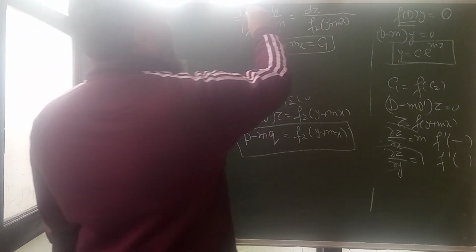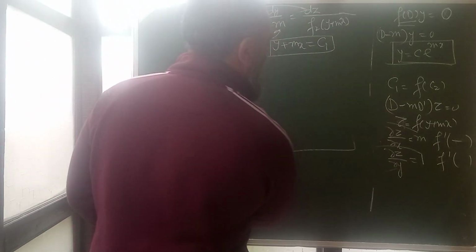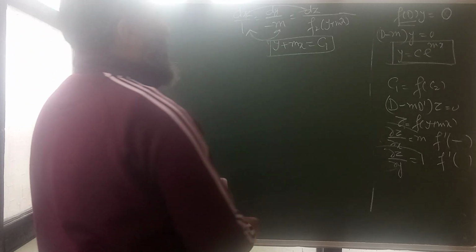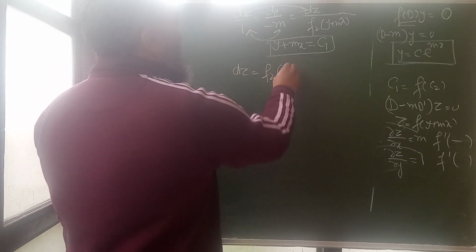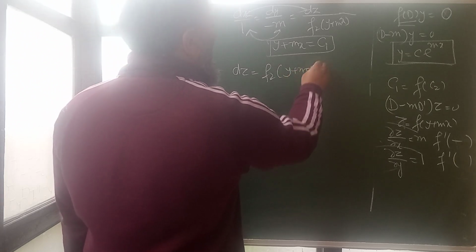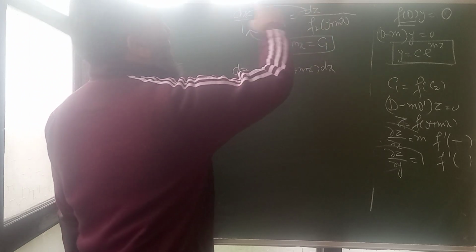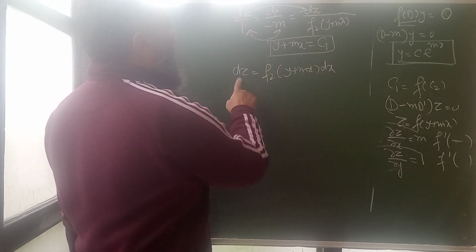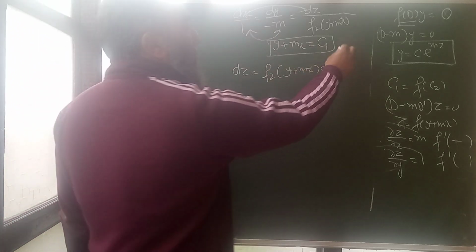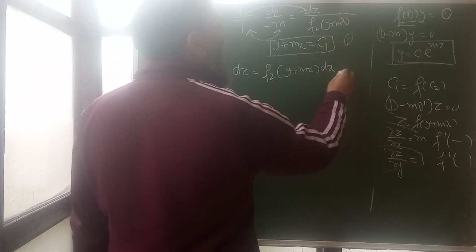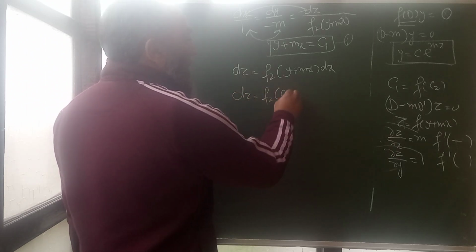Now let me take up this and this. What will I get? dz is equal to f2 of y plus mx dx, that is, dx by 1, dz by this. So dz is equal to this. Now what is y plus mx? This is c1, say this is 1. Let me use this here. dz is equal to f2 of c1 dx.